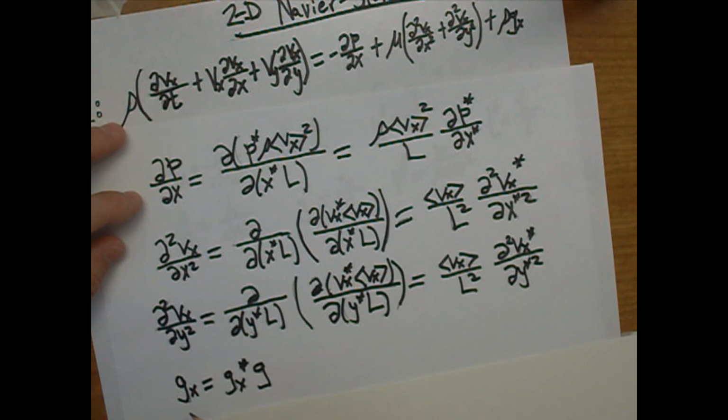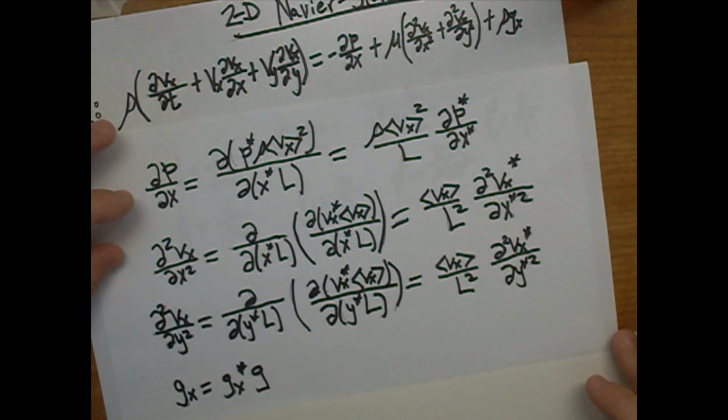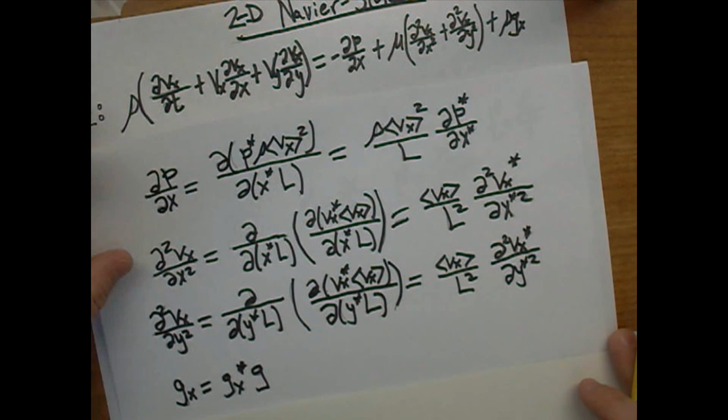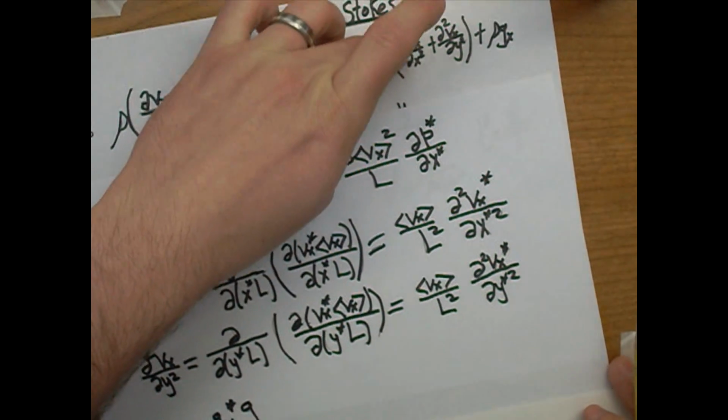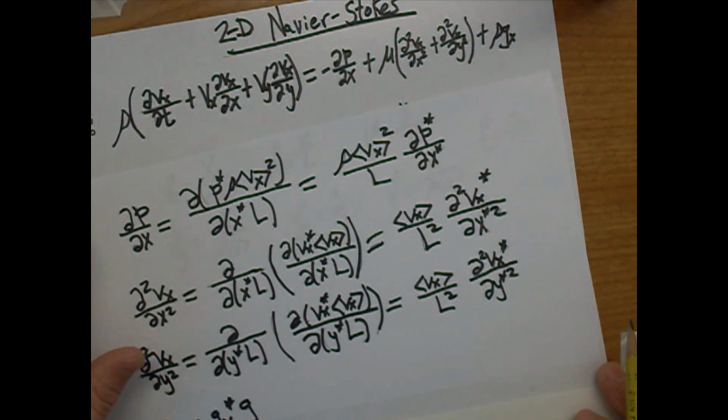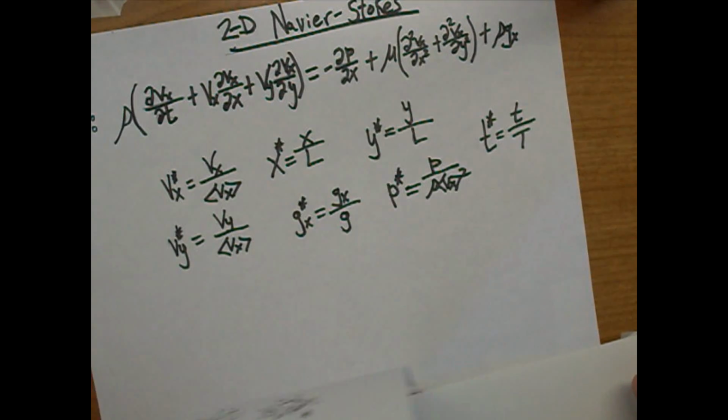Finally, our gravitational force Gx is equal to Gx star times gravitational acceleration G. So we are now just going to put these terms into our equation here to see what we get on the right-hand side.